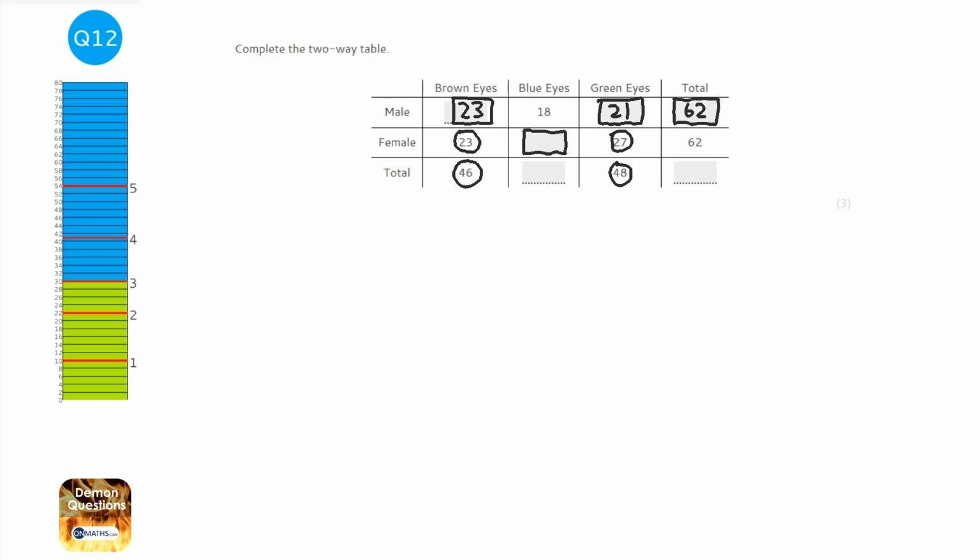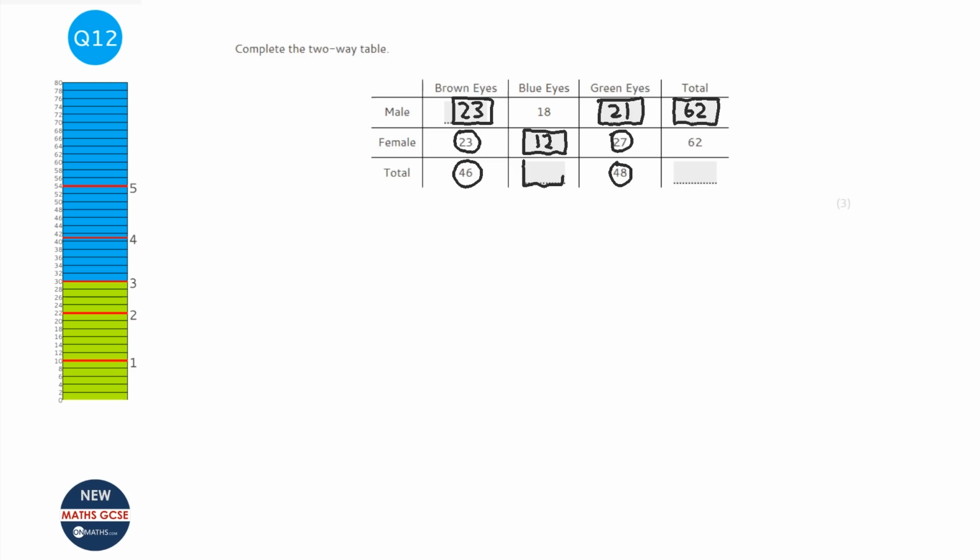So we've got 62 females altogether, and we've got 27 of them have green eyes and 23 of them have brown eyes. So we take the 23 and the 27 away from 62, and that leaves us with 12. And we can just check that. We can do 23 plus 12 plus 27 and it equals 62.